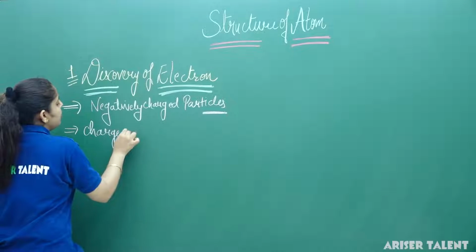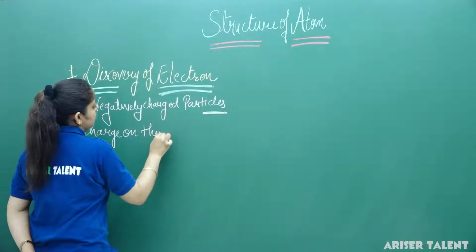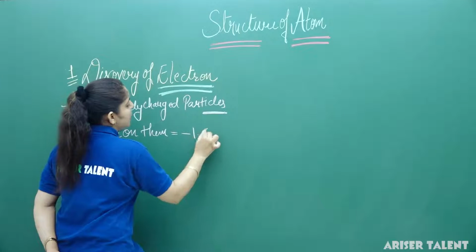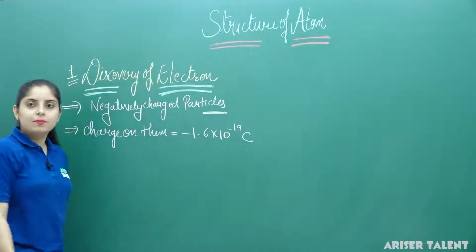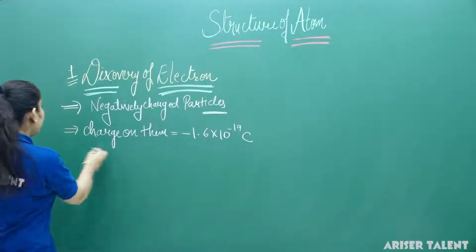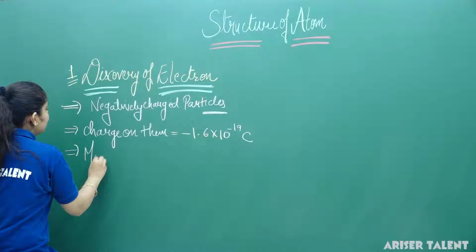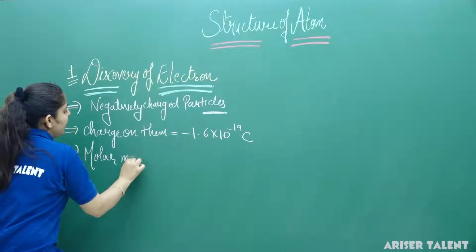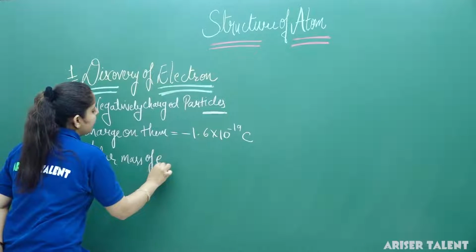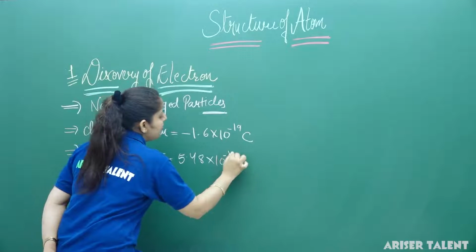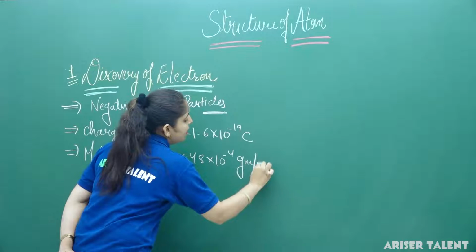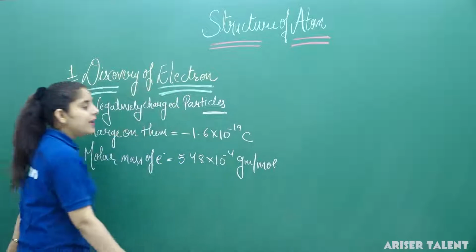The charge on them is minus 1.6 into 10 raised to the power minus 19 coulomb. Clear? And the molar mass of the electron is 5.48 into 10 raised to the power minus 4 gram per mole. This is the molar mass for the electron.